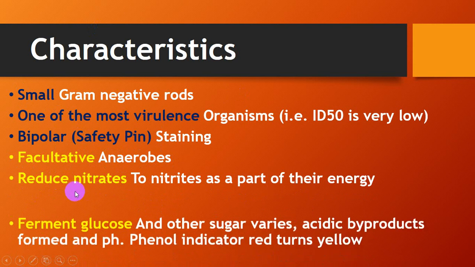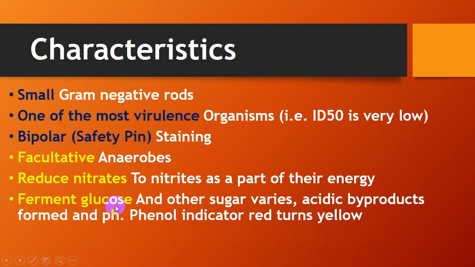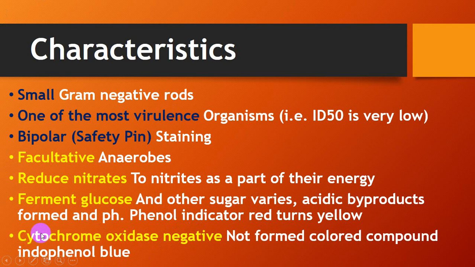Next is the fermentation of glucose and other sugar molecules and formation of acidic byproducts, and the pH indicator phenol red turns yellow. Next, it is cytochrome oxidase negative, meaning it will not form a colored compound with indophenol blue. So these four characteristics are the same for every bacterium of the family Enterobacteriaceae, and the two earlier ones are the specific ones.